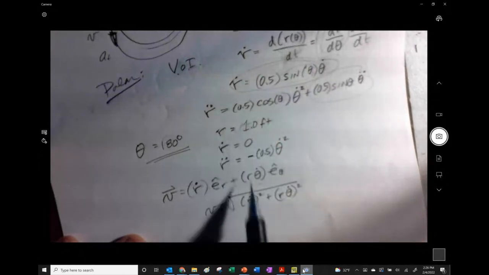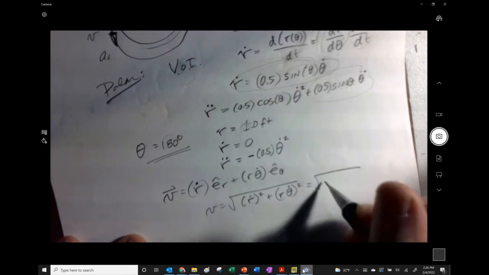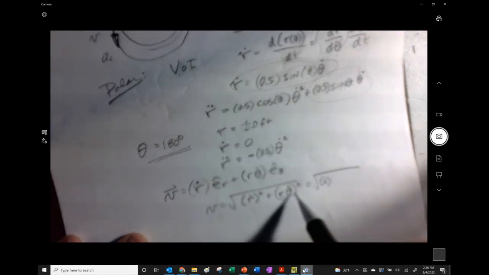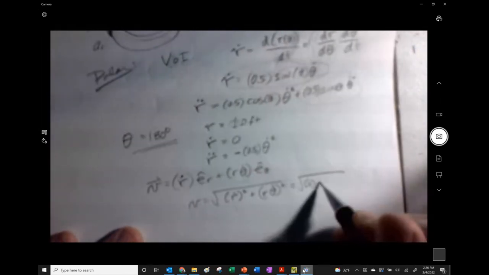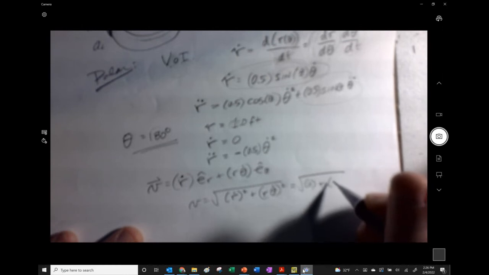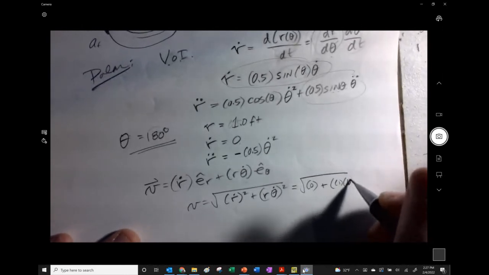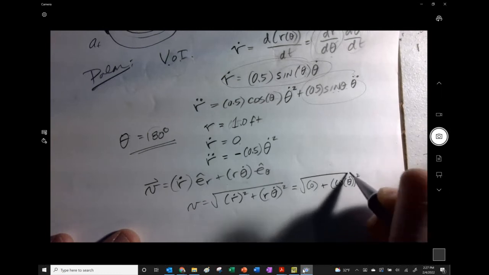But we notice in here that we have 0 for this, right? And then we go plus, we have 1, and we have theta dot, and that's all squared.